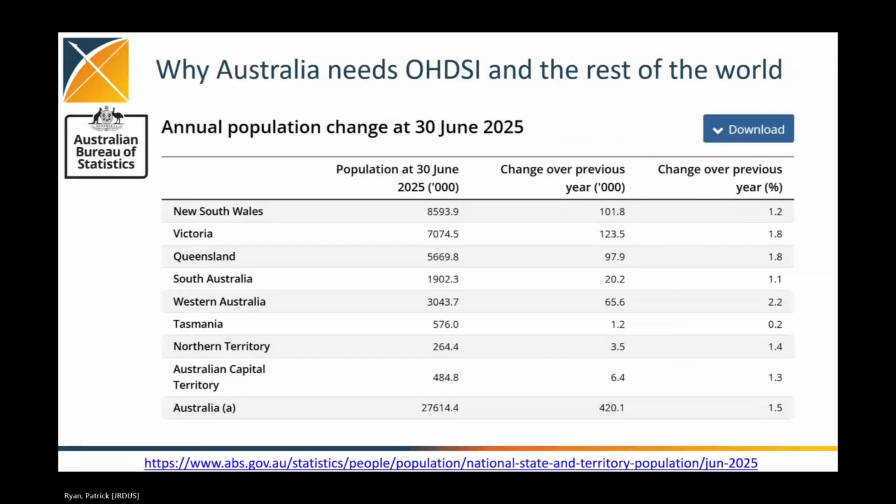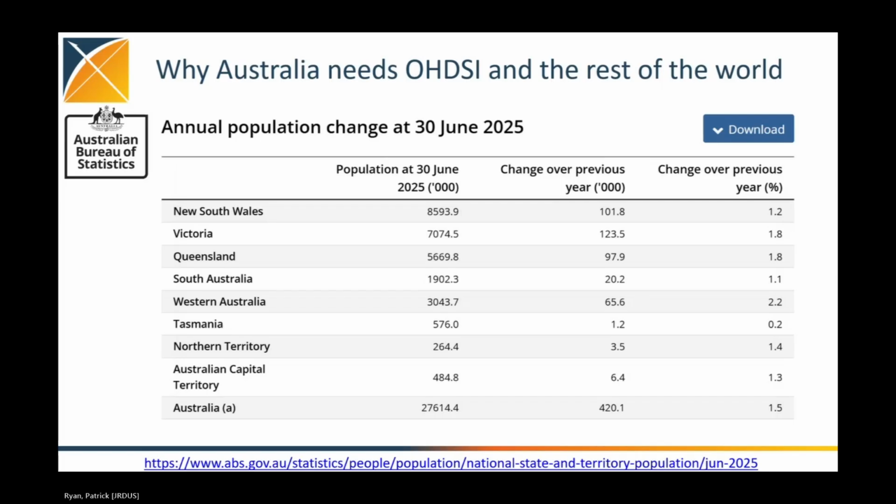But I also want to make an argument for why I think you need OHDSI and the rest of the world. These are the ABS statistics that I pulled, which I think are the latest, of your population sizes across all your territories, and your overall population of 27.6 million. I'm a statistician, so I think a lot about statistical power. The challenge I have for all of you is that even if you had a complete capture of all of these patients, you still have a relatively small population in each of your states.